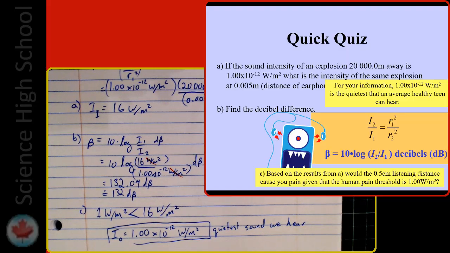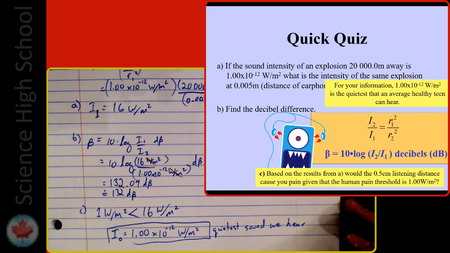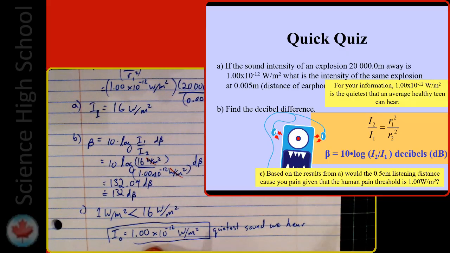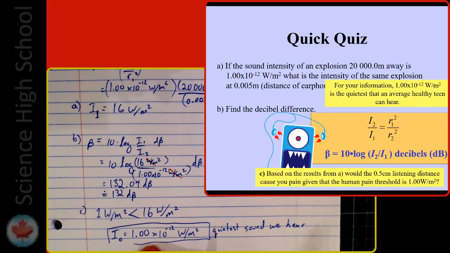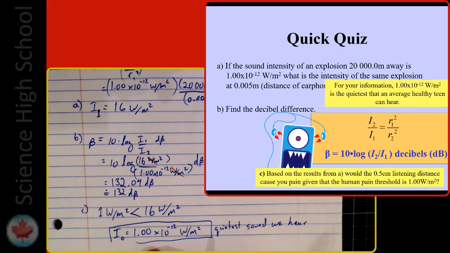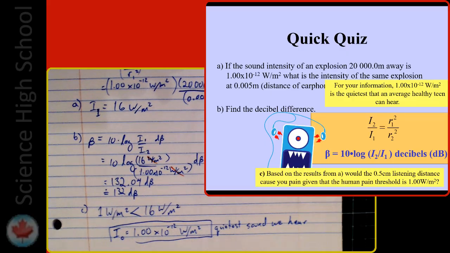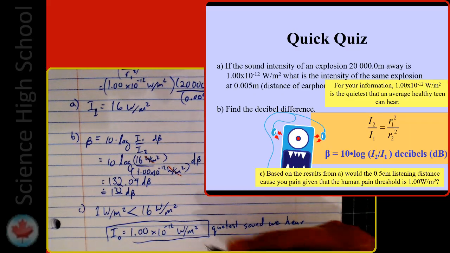The reason this is important is because we wanted to have a concept called a standardized decibel. Since human hearing isn't really standardizable, we just said, on average, this is the quietest we can hear. So we're going to use this as the basis of comparison for all of our decibel calculations when we set up stereo systems or whatever. We want to talk about decibels for humans. We're going to use this as the denominator intensity for that beta calculation.